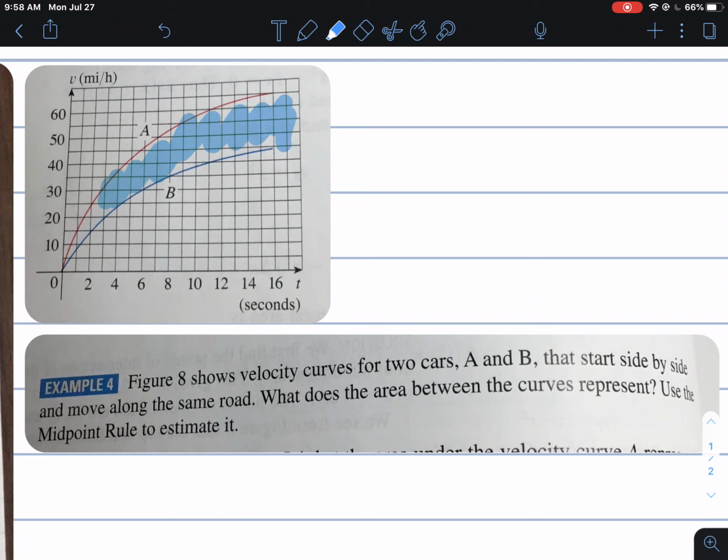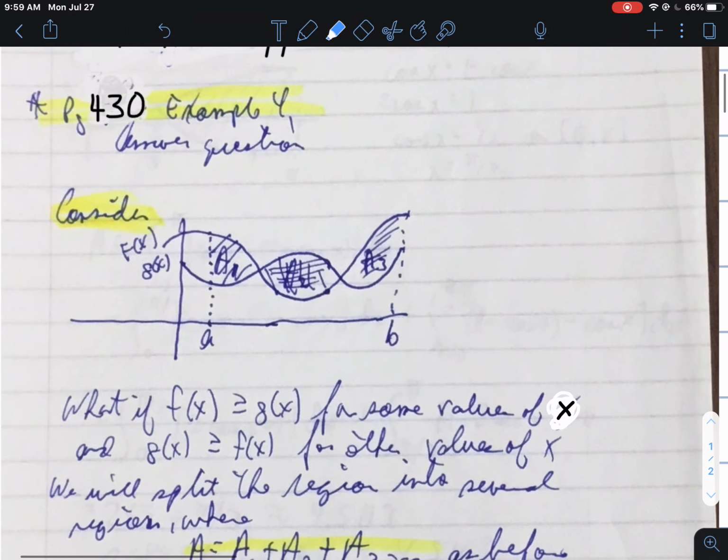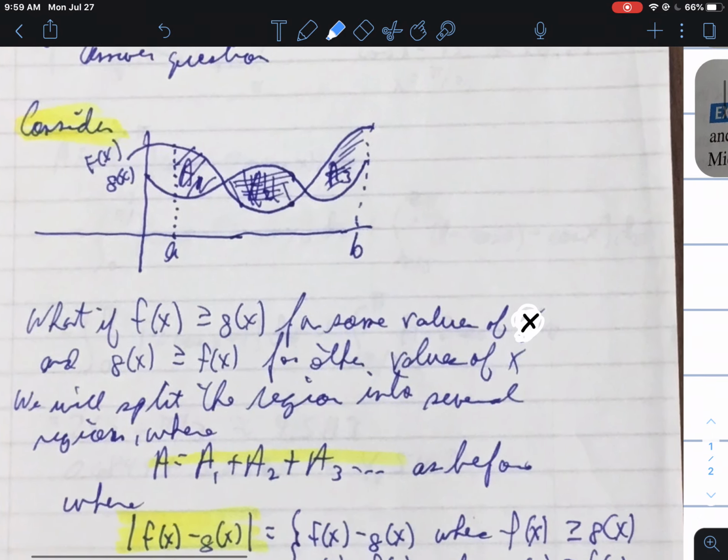That should represent the difference in the distances traveled, or in this case, how much farther car A has traveled than car B. Right, so again, it just gives a little context, an example with a little context back to our whole area under the velocity curve representing distance traveled. So the area between the two velocity curves would represent the difference in the distances traveled, right? Like I said, in this case, it would be how much further A traveled than B, because A is above B. All right, so it's just a little context for us.